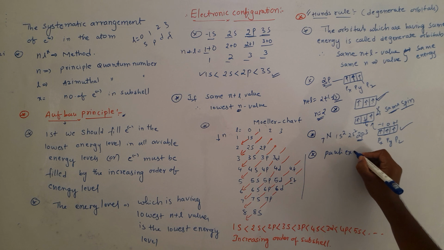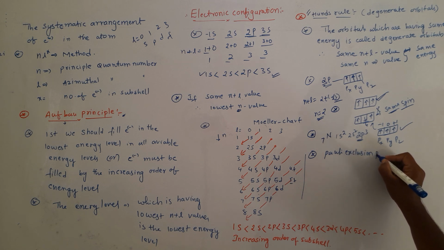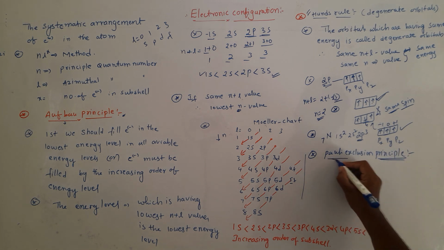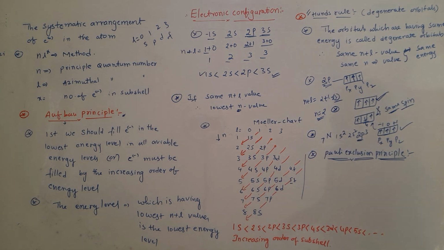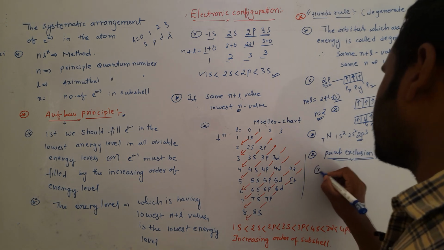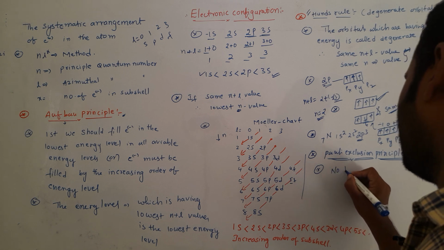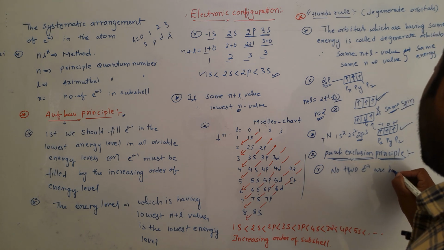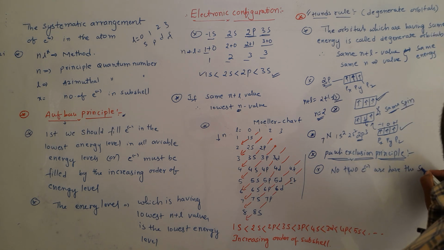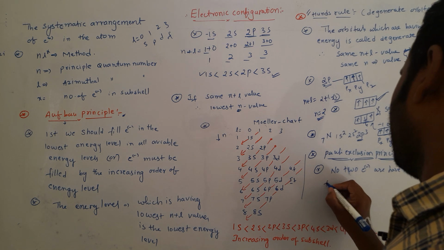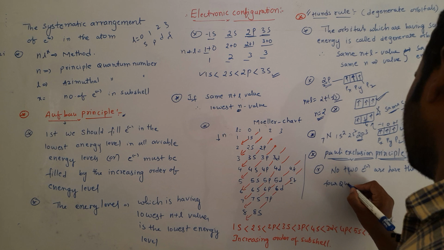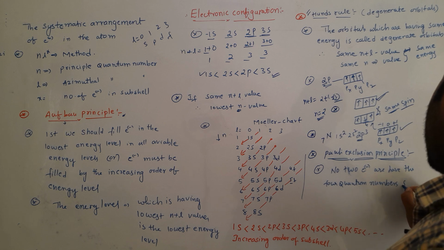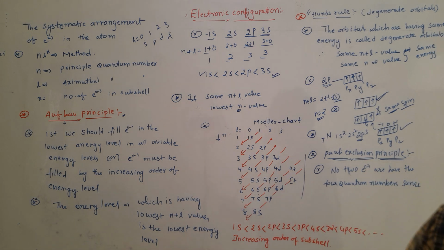The Pauli exclusion principle says that no 2 electrons can have all 4 quantum numbers the same; at least one quantum number must be different.